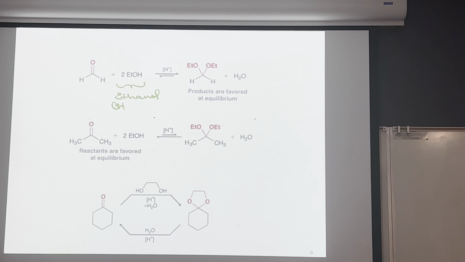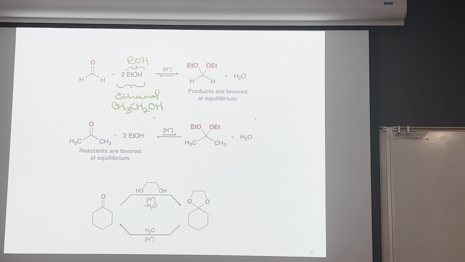Okay, and ethanol is CH3CH2OH. Now, if we are going to react our ethanols with our aldehyde right there, we might also want to recognize that ETOH is just a specific version of our general formula for alcohols, ROH. Are we all right with that?